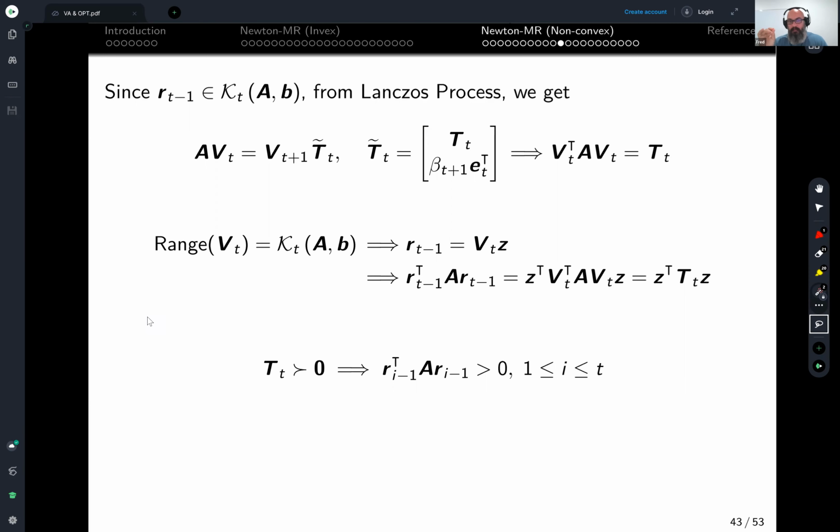And let me just say one more thing. You can actually look at CG and MINRES in a beautiful way that shows how connected they are. When we form this tridiagonal system, this relationship appears for CG as well.